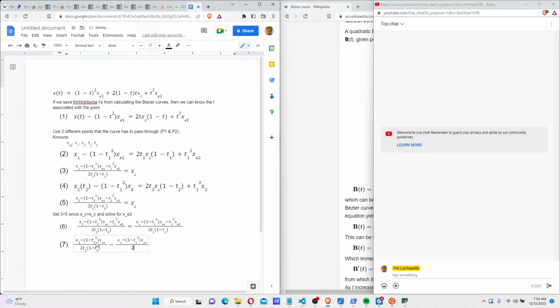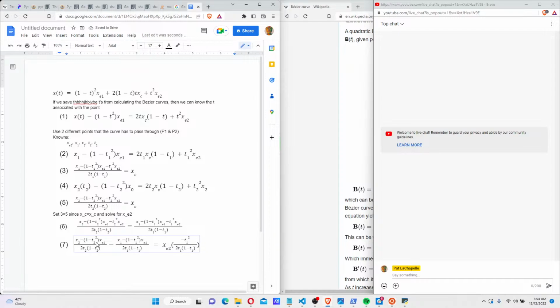So this is just a whole giant term, 2t sub 1 times 1 minus t sub 1, is equal to x sub e2 times, and then the inside term is just minus t sub 1 squared over 2t sub 1 times (1 minus t sub 1).